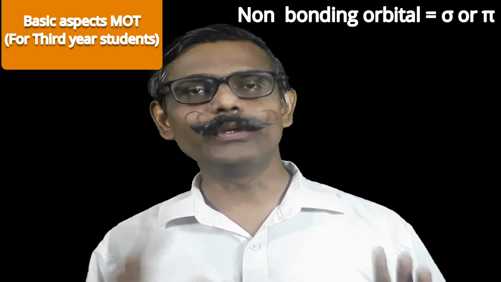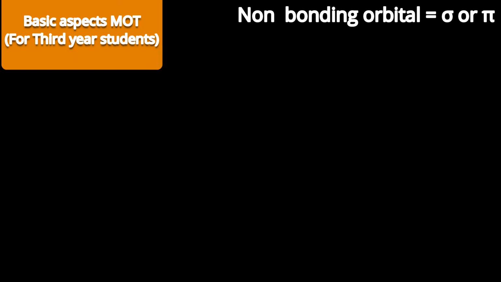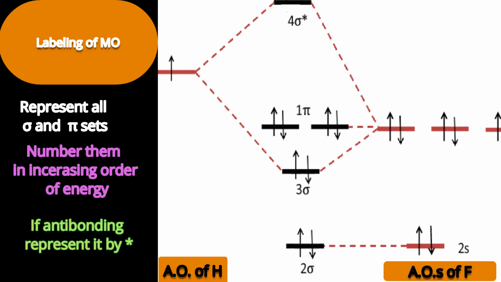So what we are doing now, I am telling you: let us learn how to label the molecular orbitals. We know how to distinguish the molecular orbitals on the basis of the internuclear axis, the bonding axis, using sigma and pi notations. By the way, antibonding orbitals we represent by an asterisk.